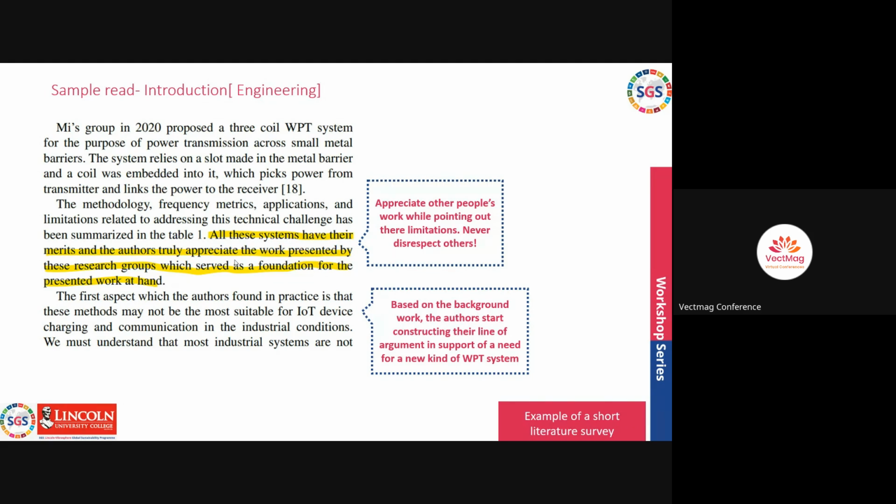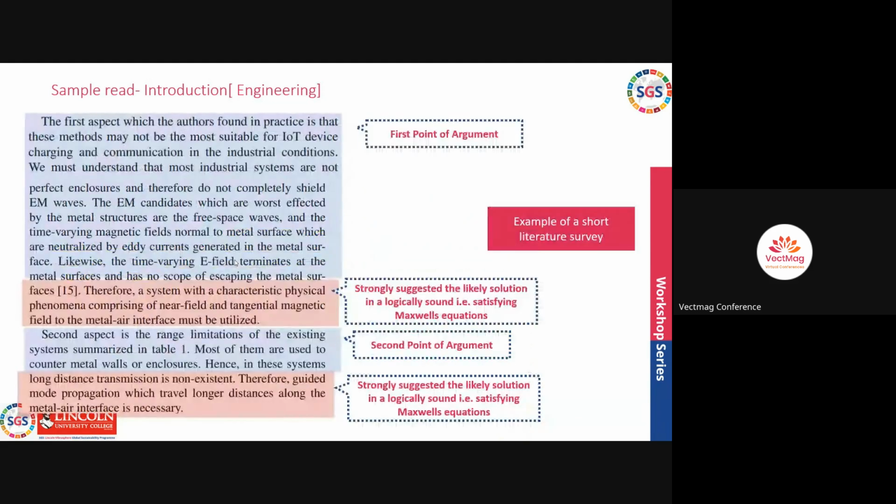So this is a short example of how a short literature survey should be done, summarized in a very short, compact space. Now see how the argument is built. We have built the first argument, the first case, and then we strongly suggested a likely solution, which is logically sound and satisfies the known laws of physics, or in this case Maxwell's equations.